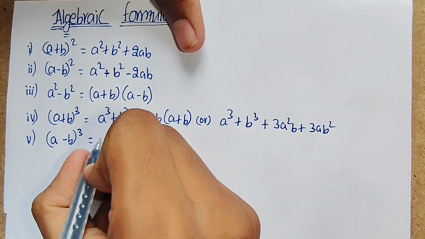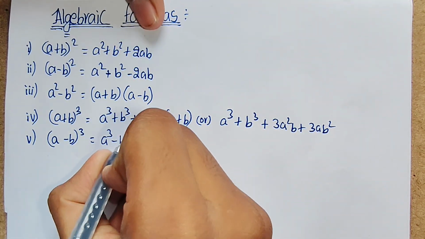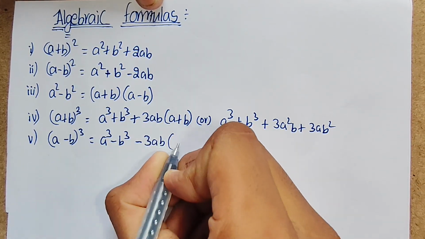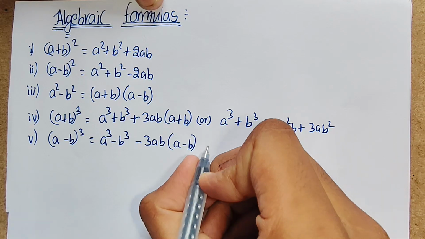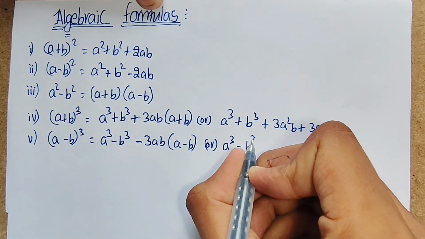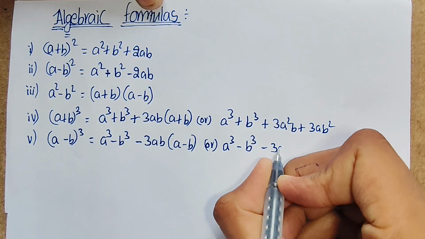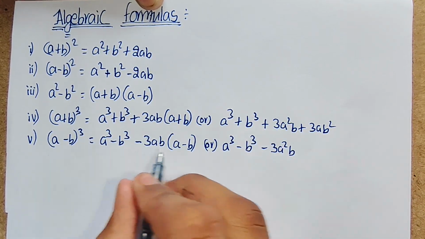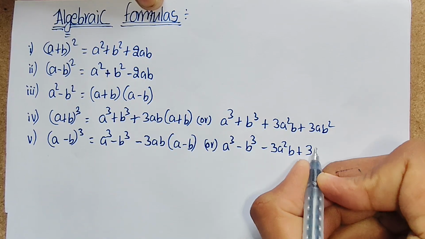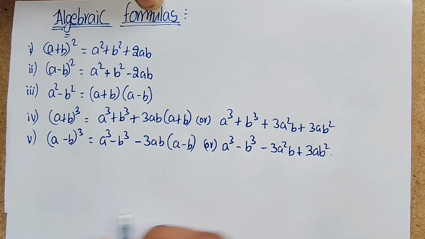We get a cube minus b cube minus 3ab into a minus b, otherwise a cube minus b cube minus 3a square b plus 3ab square. Understand?